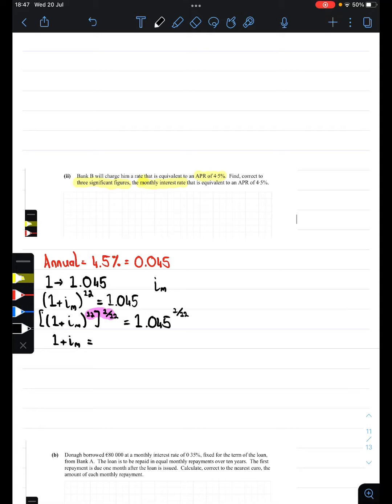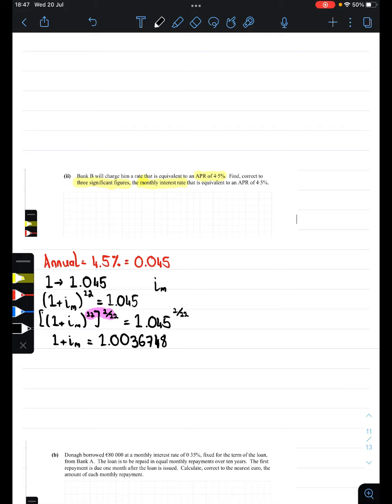And what is that? 1.045 to the power of 1/12 equals 1.0036748. Well, that very easily allows us to find IM.